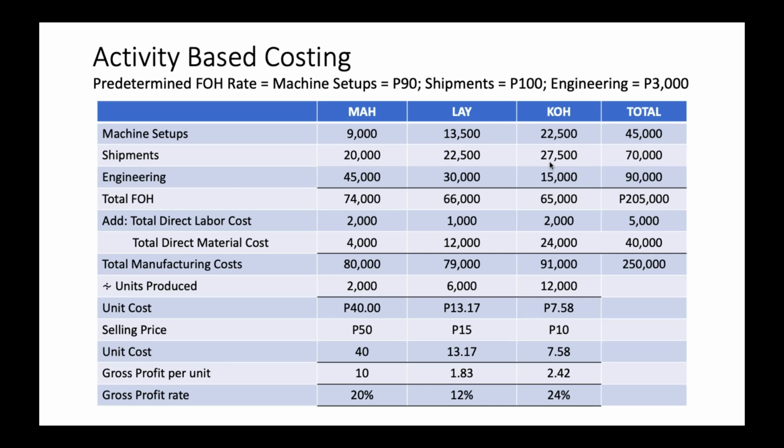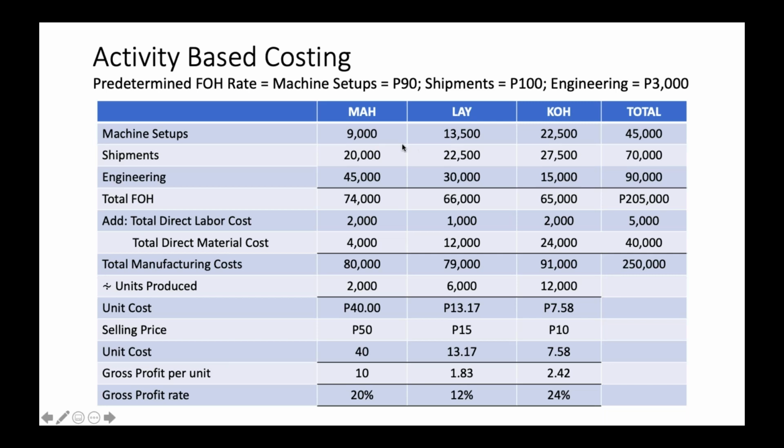For engineering change orders, we have 15 for Ma times 3,000, that's 45,000. For Lai, we have 10 multiplied by 3,000, that's 30,000. For Ko, that's 5 times 3,000, that's 15,000.